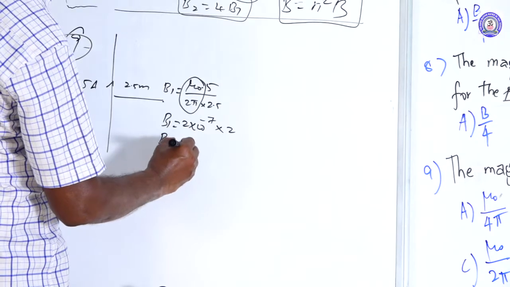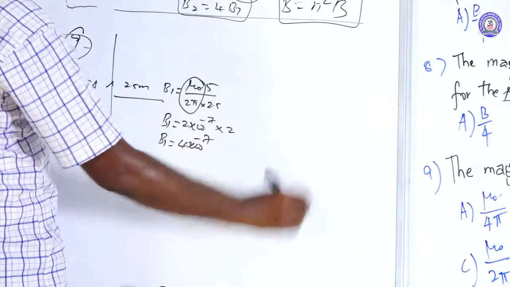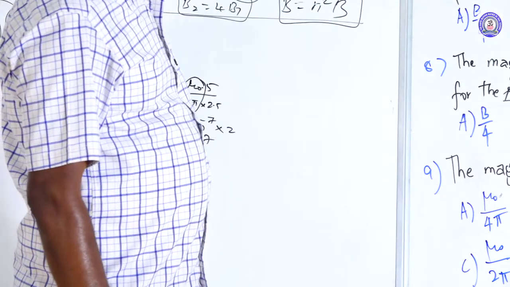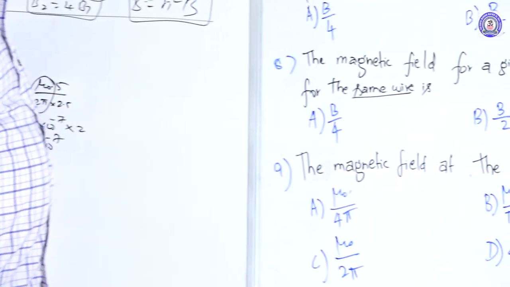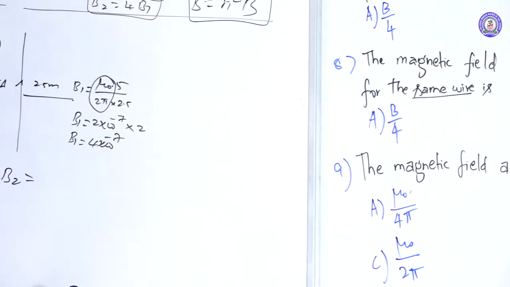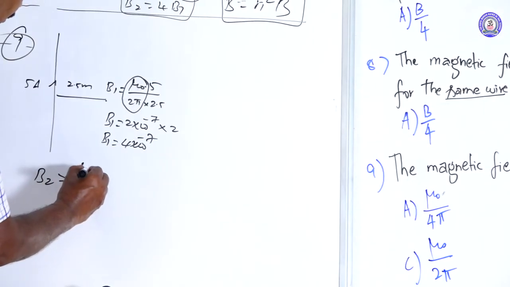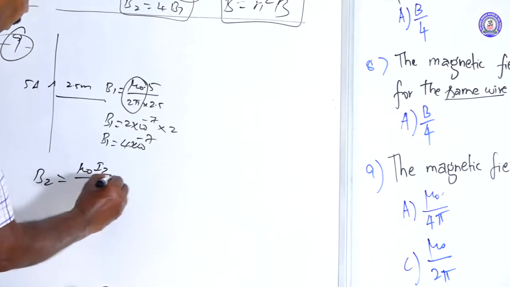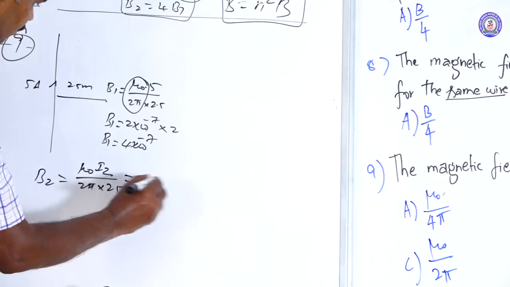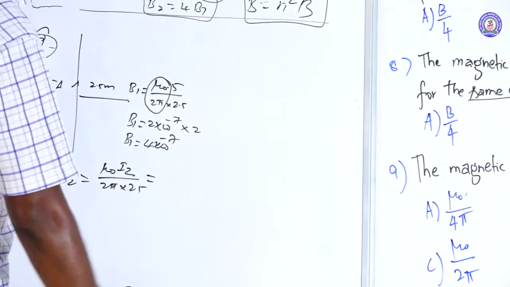B1 value is equal to 4 into 10 to the power minus 7 Tesla. Similarly, the second one produces a magnetic field B2 equal to mu naught I2 divided by 2 pi into 2.5, and the I2 value is 2.5.